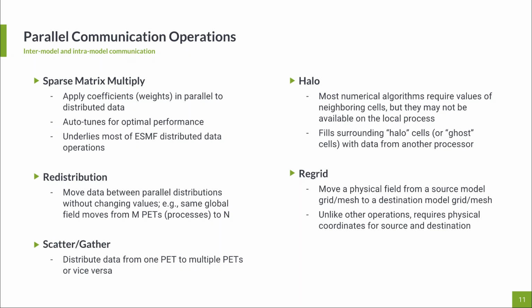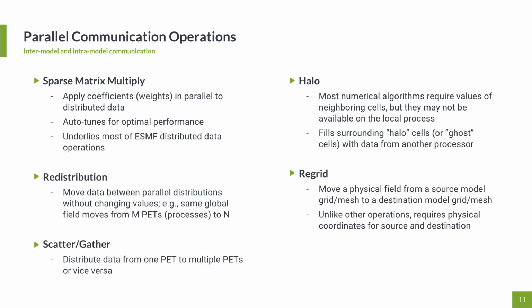Within a model, we support a halo operation. This fills in the ghost cells around a local region that a process owns with values from the neighboring processor. And that's obviously required for a lot of numerical algorithms, when you're cycling through the I's, J's, and K's, and you need to get your neighbor values in order to compute the cells that you own.